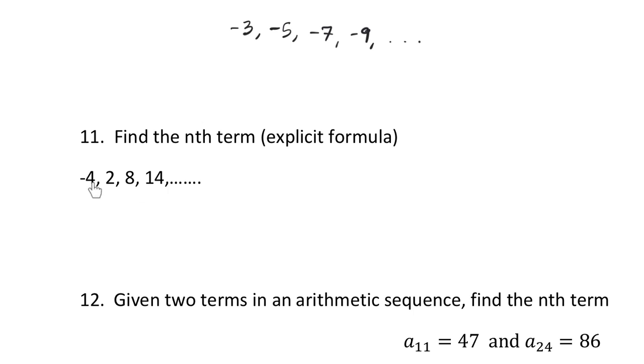So from -4 to 2, then from 2 to 8, and from 8 to 16, there's a consistent increase of 6, a common difference. So common difference is 6. That means this is arithmetic. So the nth term is going to be linear with a common difference acting like the slope.